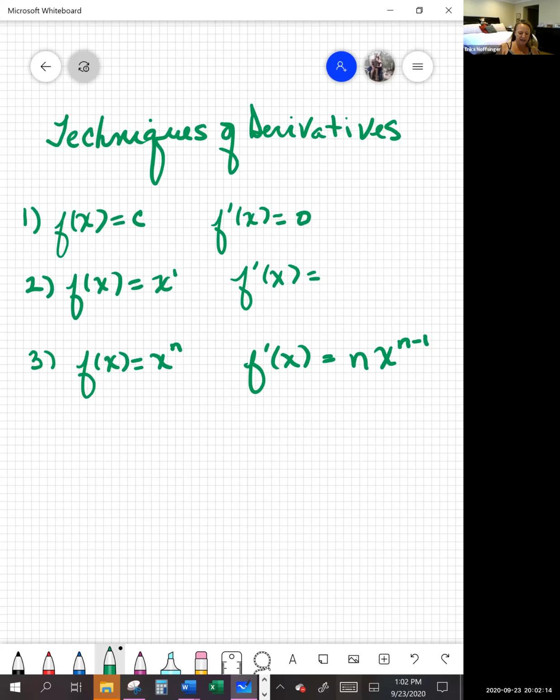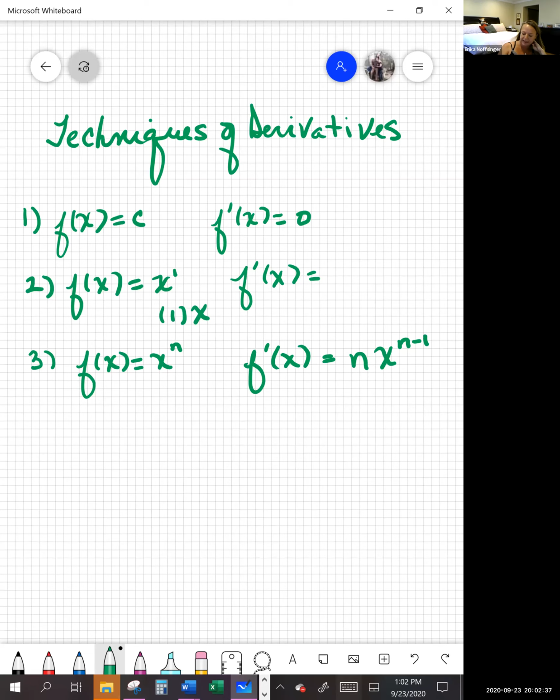So again, we brought this power down front and then we just subtracted 1 from the exponent. If we use that rule, let's look at this one. Some of you had it right and some of you were off on this one. The reason I wanted to do this one is because it's one that we should know, and it's not too bad. If we bring this power down front, that would give us 1, right?